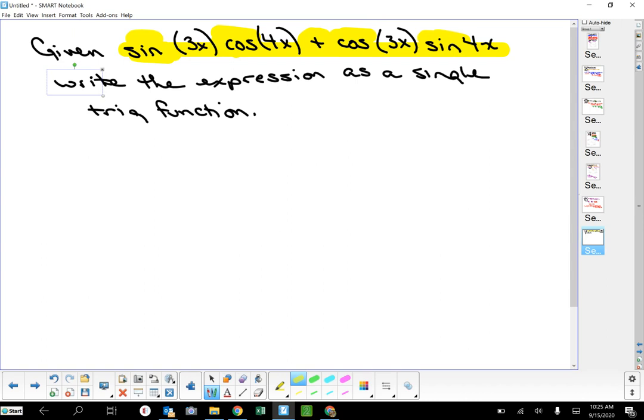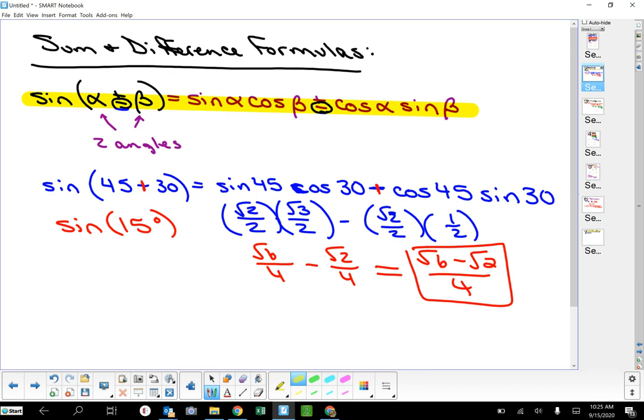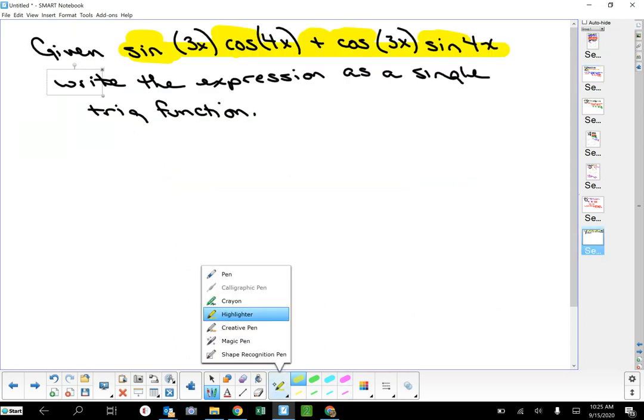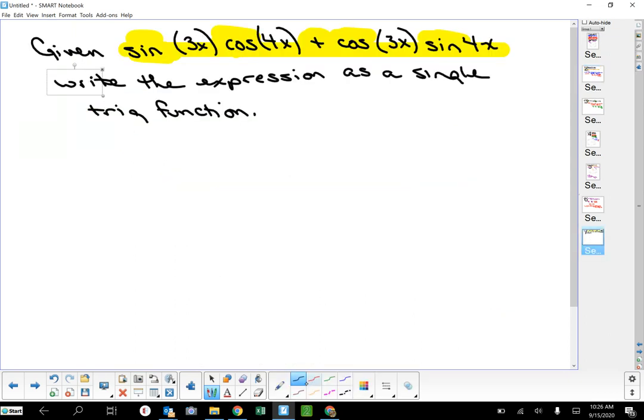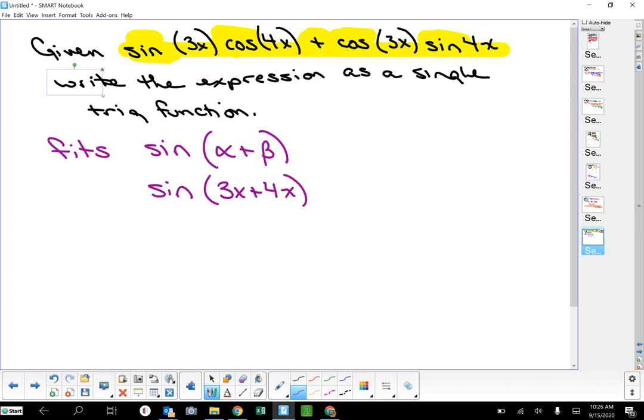So I'm going to go back to the beginning where I started writing these guys down. Let's see. Sine cosine plus cosine sine. So this is a sine alpha plus beta. That's exactly what you're looking for. So that fits into this equation. So what you have is sine 3x plus 4x, which is sine of 7x.